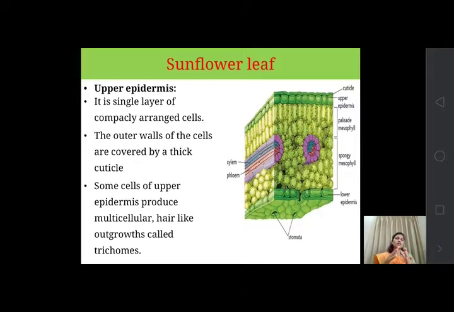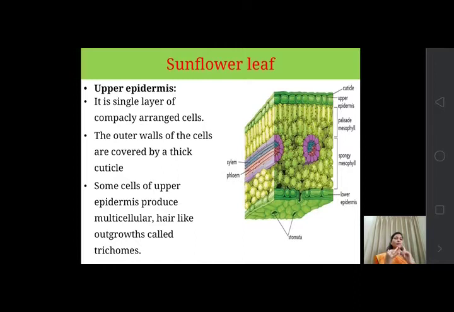Okay, so this is about the upper epidermis, how the upper epidermis is well organized for the protection of the inner tissues. It has single-layered, compactly arranged cells with the outermost thick cuticle layer, and also the presence of multicellular hair-like outgrowths known as trichome.